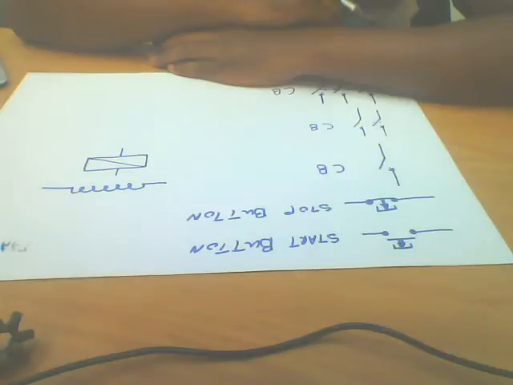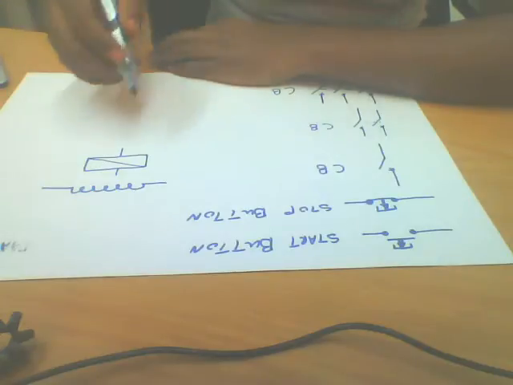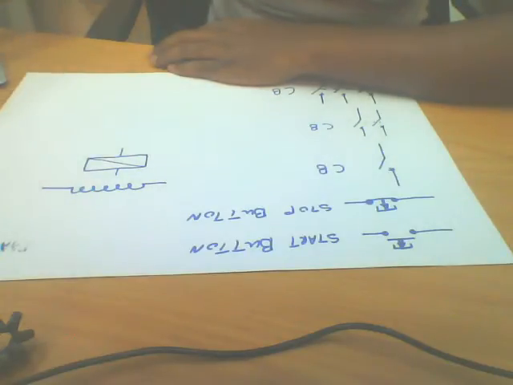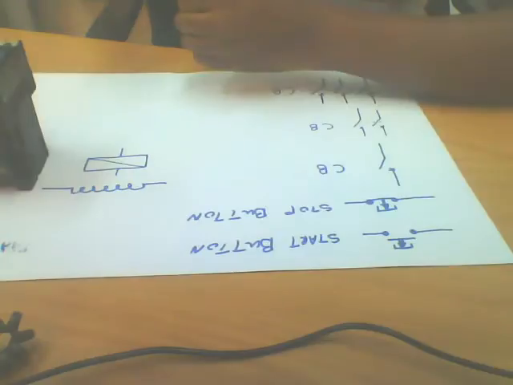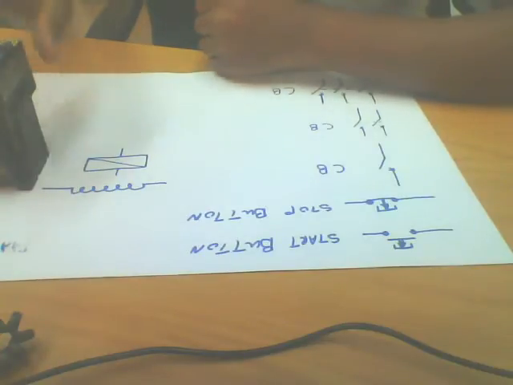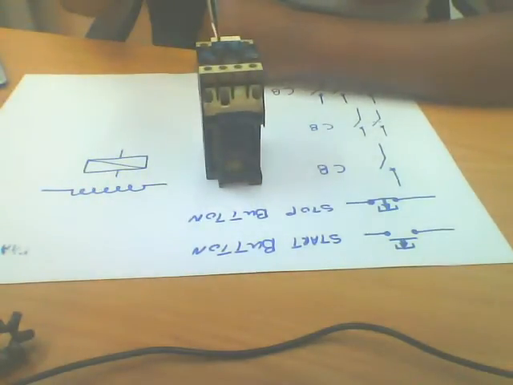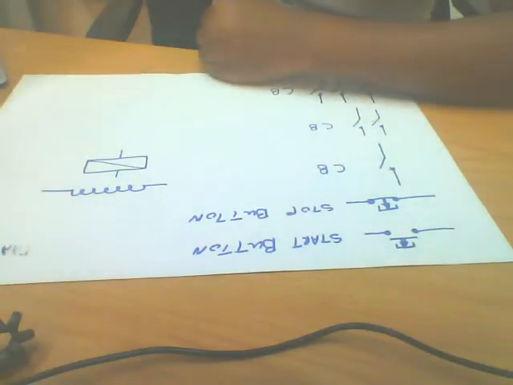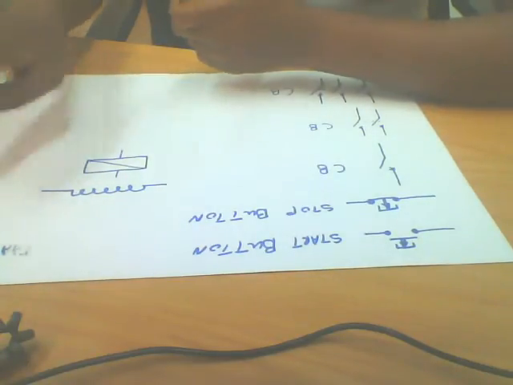Remember, a coil or a relay or a contactor has got contacts inside it. Once the coil is energized, it will close and open contacts.